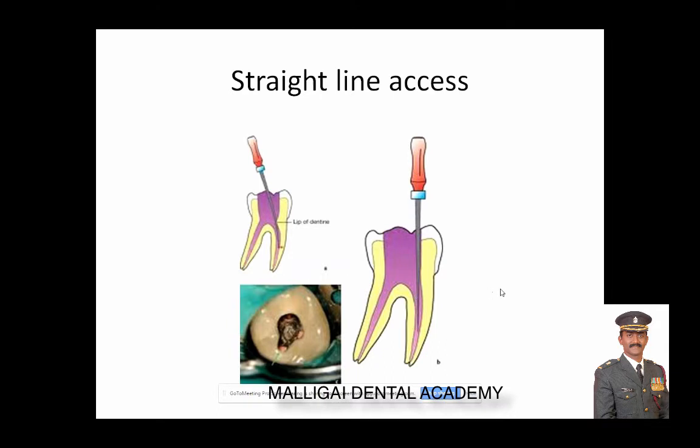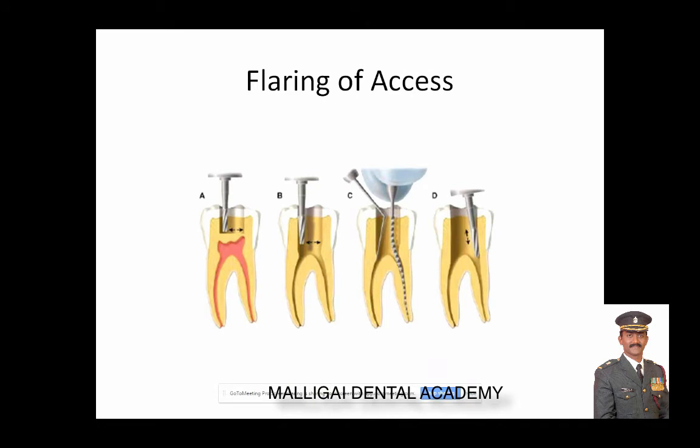When I say stand on axis, I mean a straight line axis up to the middle third of the canal or up to the point where the canal curves. This is how you convert the Matka into the bucket, or this is how you convert a constrictive access cavity into a flared access cavity.